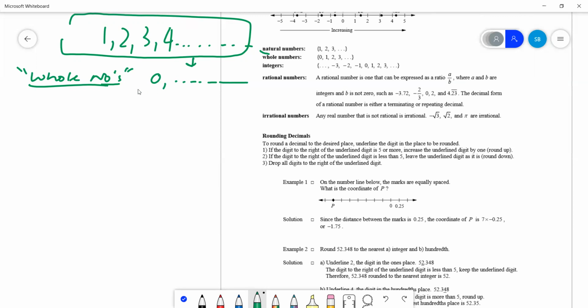Yes. So that means 0 is also a natural number? No, 0 is not a natural number. 0 is a whole number. Natural numbers start from 1 and then go on, but whole numbers start from 0 and then go on.